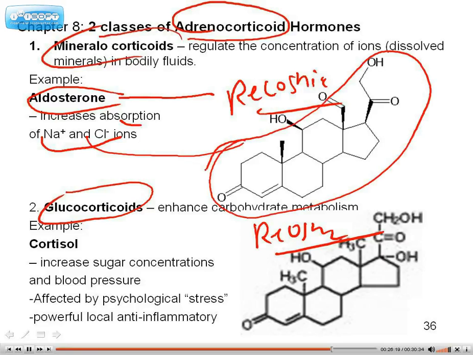So, that's an example of a mineralocorticoid hormone. So know the function of it. Regulates the concentration of ions, aka salts, and recognize the molecule that I could use to test you with. Here's a glucocorticoid. Whoa, gluco enhances the carbohydrates, gluc. So make that connection. And this is what cortisol looks like.